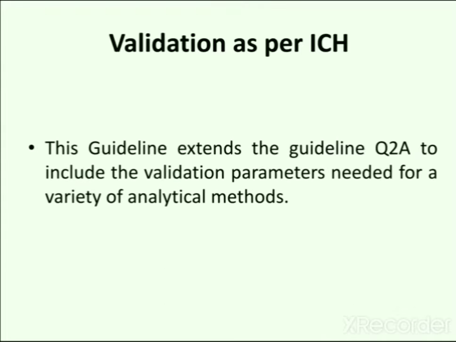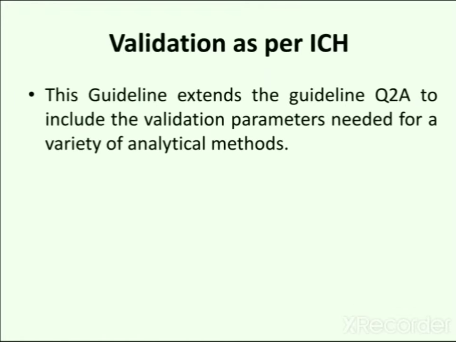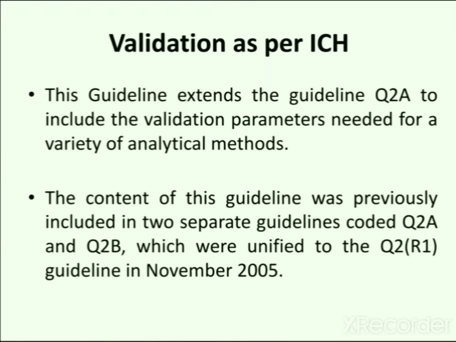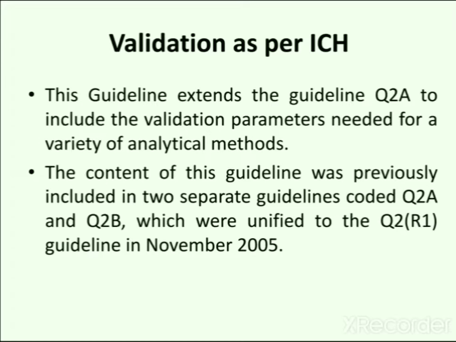Validation as per ICH. Since the generation of ICH, Q2 was the major guideline for the validation of analytical methods. The content of this guideline was previously included in two separate guidelines coded Q2A and Q2B, which were unified into the Q2R1 guideline in November 2005.